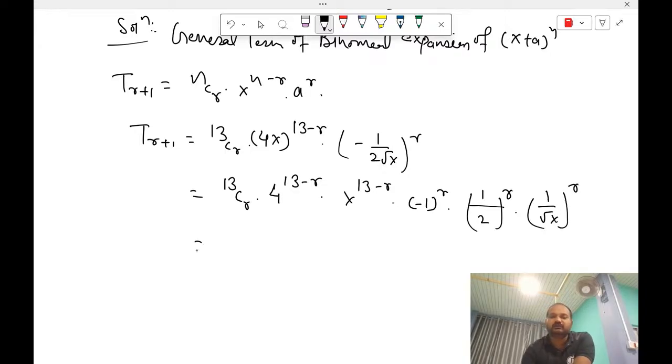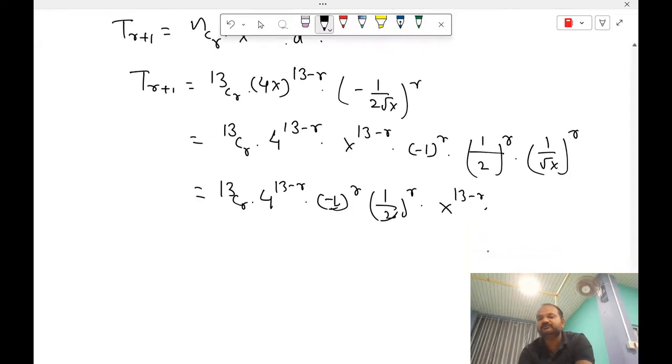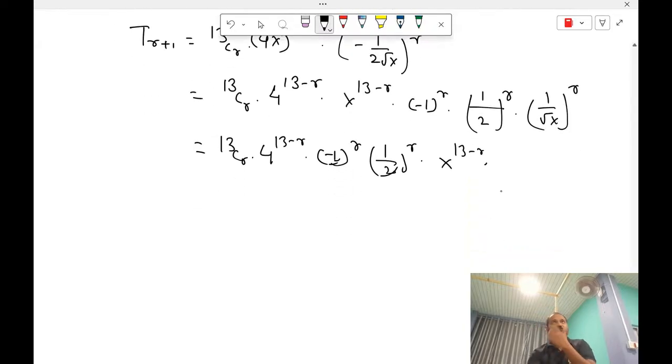So we will only see the x coefficient. The remaining terms I am writing as it is, minus 1 to the power r and 1 by 2 whole to the power r. Here it is x to the power 13 minus r, and here it is 1 by root x, so x to the power minus half. Minus half means minus r by 2. So this exponent will be added.